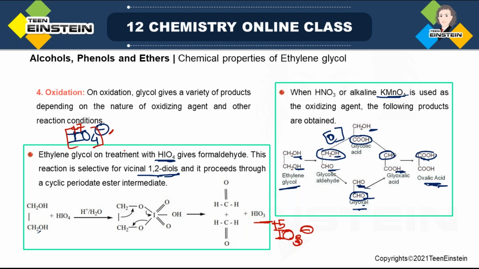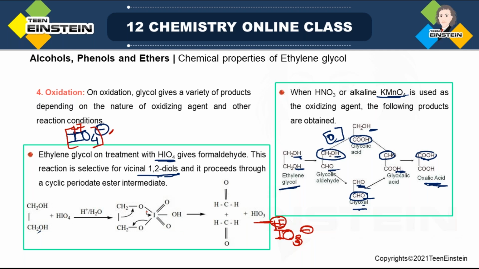Same way as you followed in the case of IO4 minus, where you obtained the plus 7 oxidation state, the same method you can follow here. So IO4 minus is converted to IO3 minus, right? Now from plus 7 it is changing to plus 5. That means it is reduction of HIO4, and that means it is oxidation of ethylene glycol.